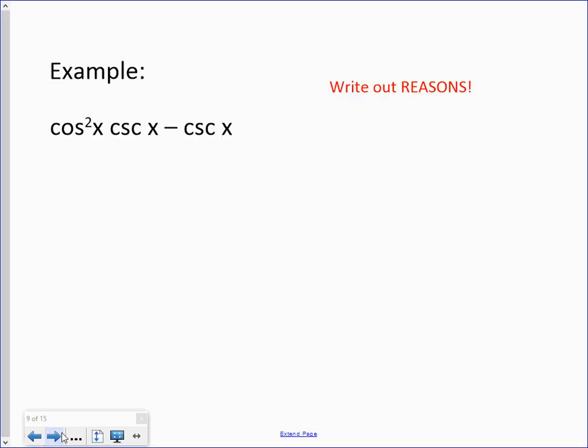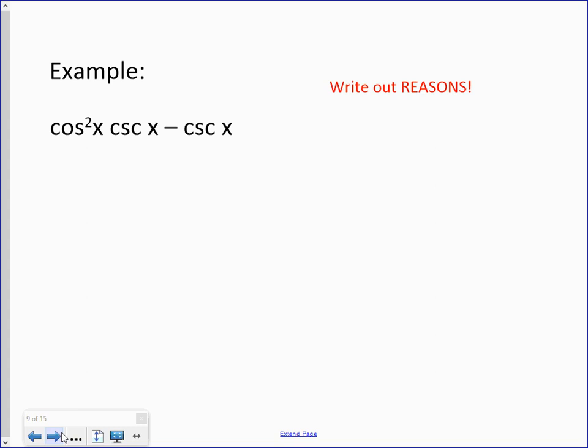Here's our first example. Cosine squared x times cosecant x minus cosecant x. All my directions are going to say something like simplify the trig expression. What does that mean, right?